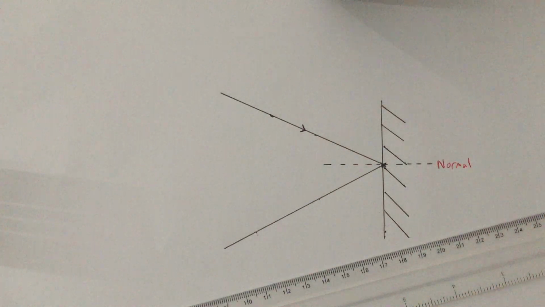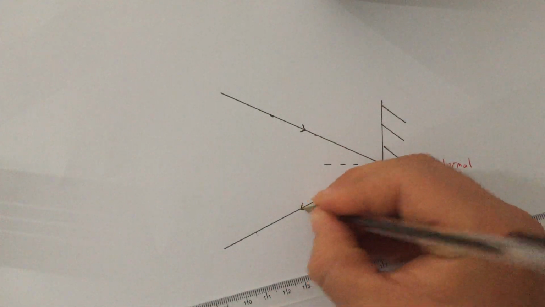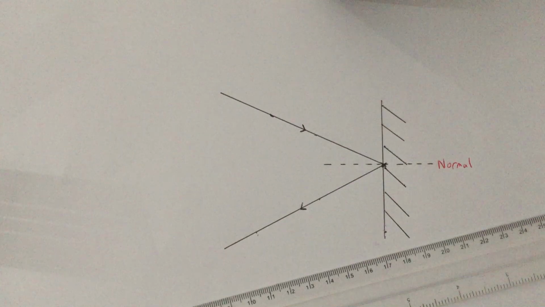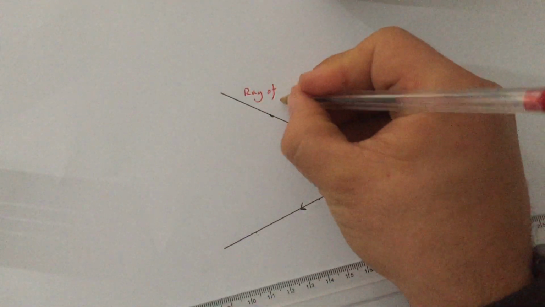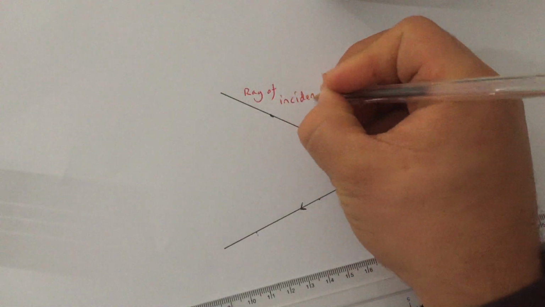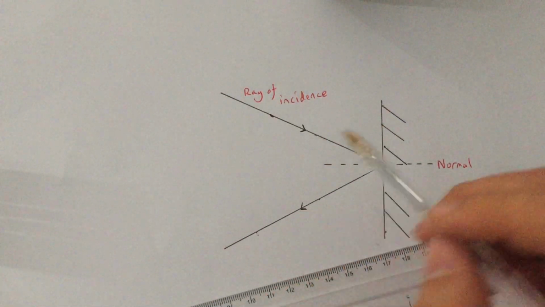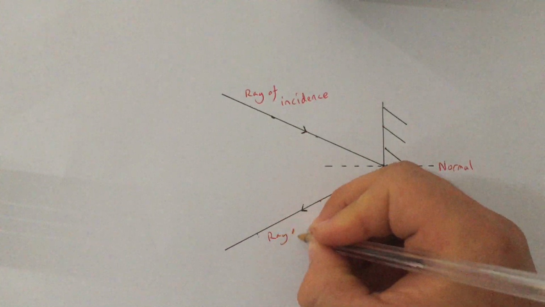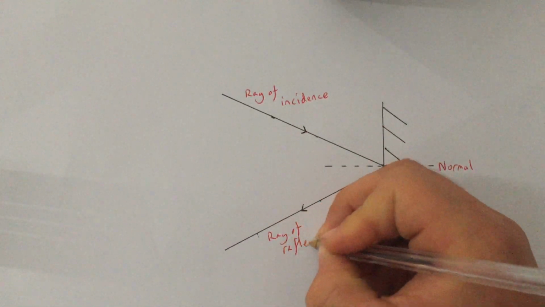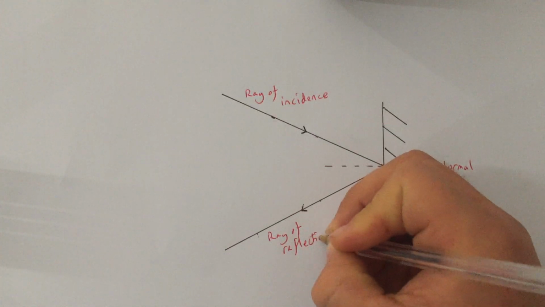So this is the ray of light that came in, this is the ray of light that came out. This ray here is called the ray of incidence, which means it's the ray of light that comes into my mirror, and this ray here we call the ray of reflection because it's the reflected ray.